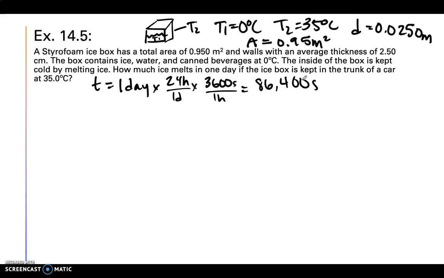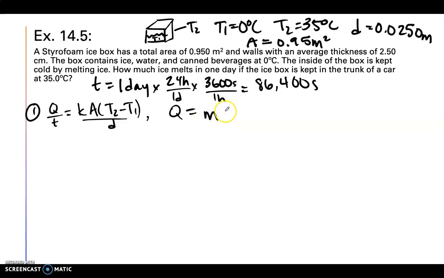All right. So, we will be using our equation that we just learned. So Q over T is equal to K A times T2 minus T1 over D. Okay, we also want to note that our heat to melt the ice is going to be equal to the melted ice mass, M, times our melting point latent heat coefficient.